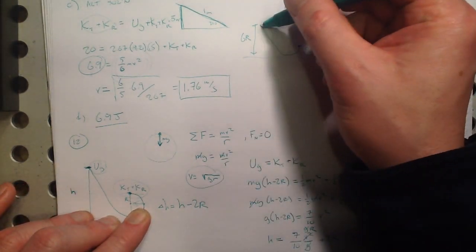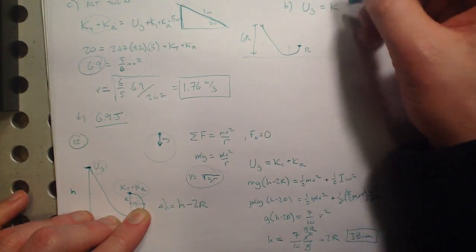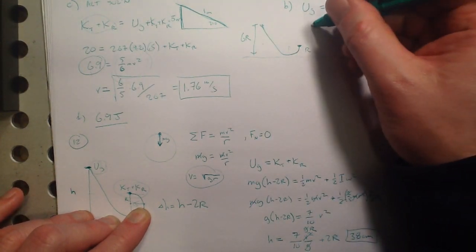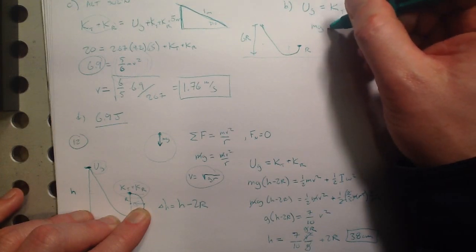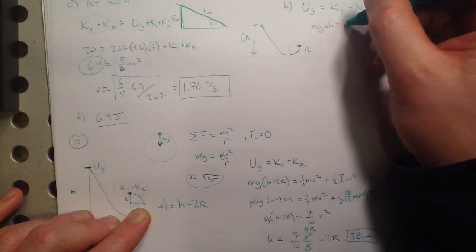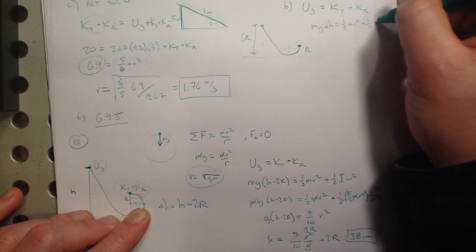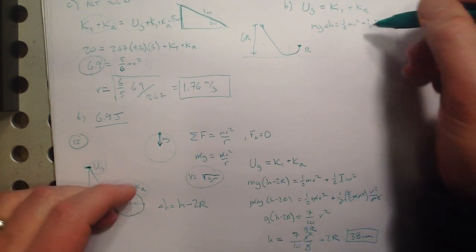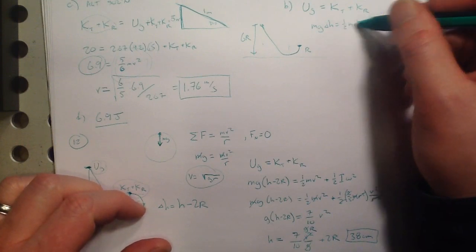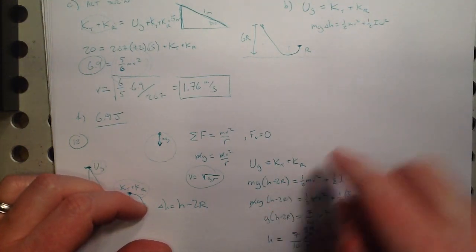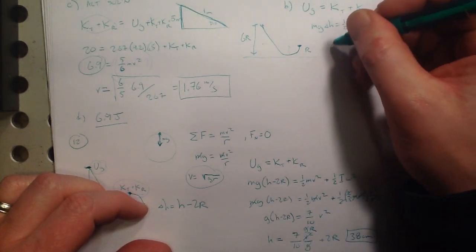So the delta H, the change in height, is 5r. Note that, please. So I got mg delta H is equal to 1/2 mv squared plus 1/2 I omega squared. But come on, we know now that this is 7/10 mv squared, right? We've done that already in this problem, so you'll give me that, right?